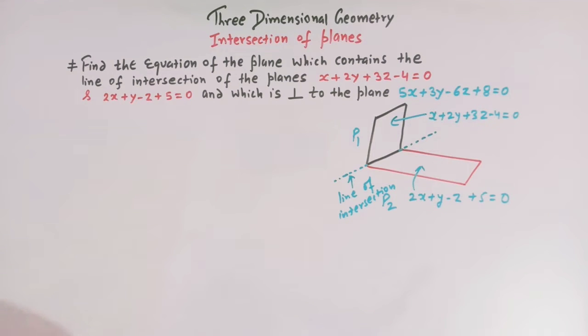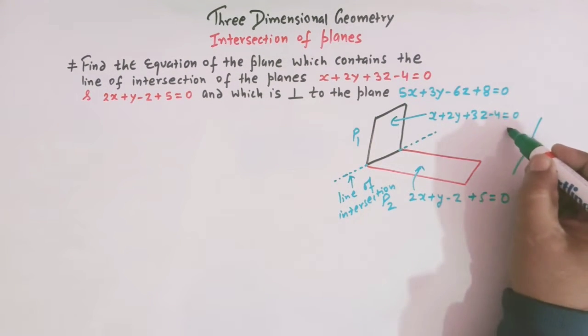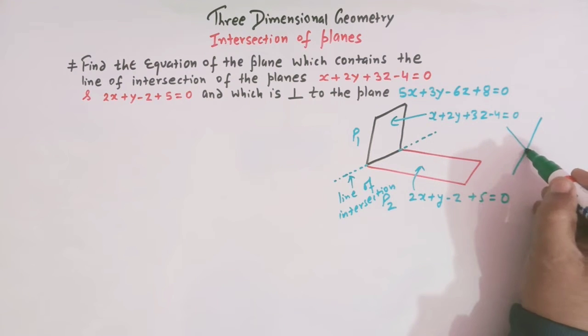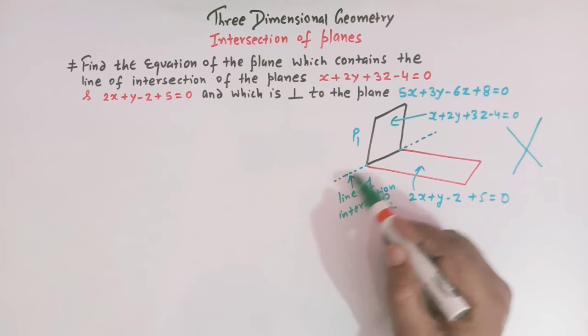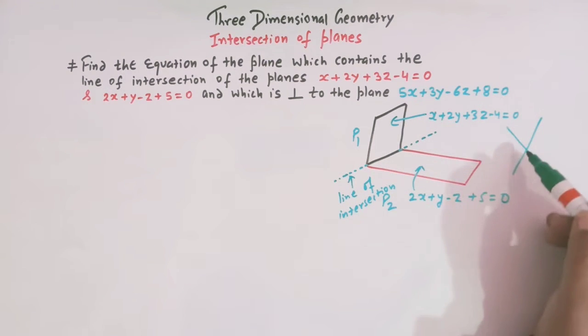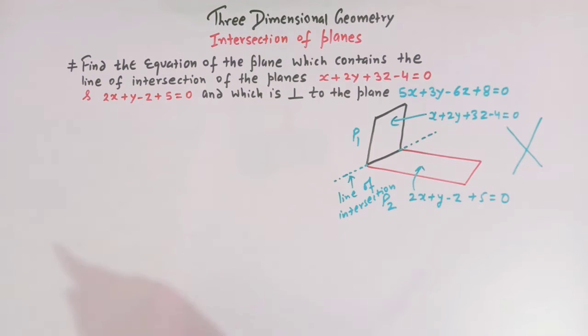So always remember, whenever two planes intersect, they intersect in a line. But when two lines intersect, they intersect at a point. So two planes intersect in a line and two lines intersect at a point.